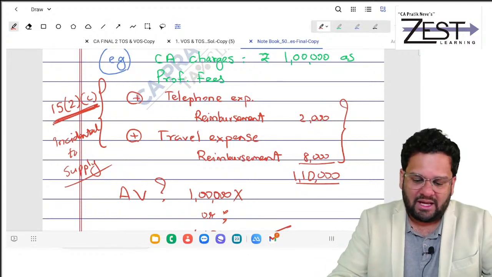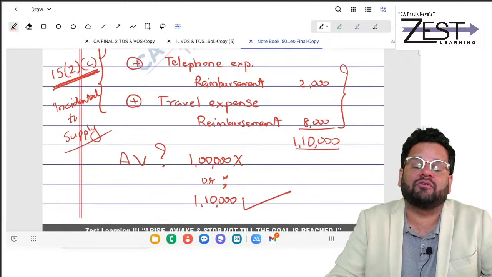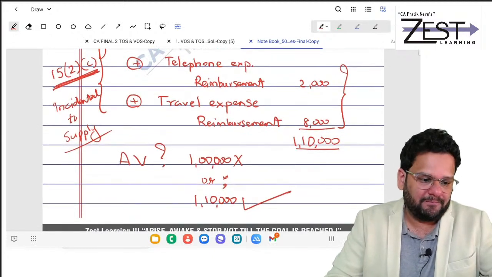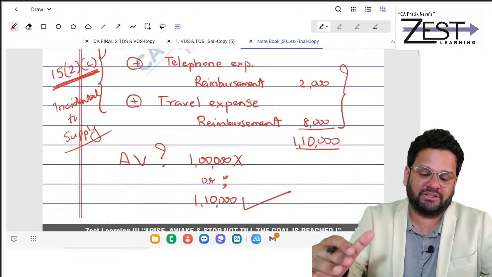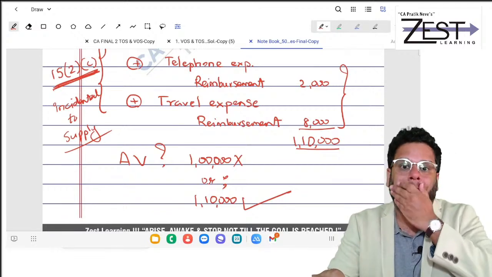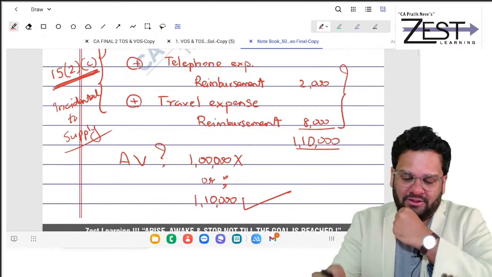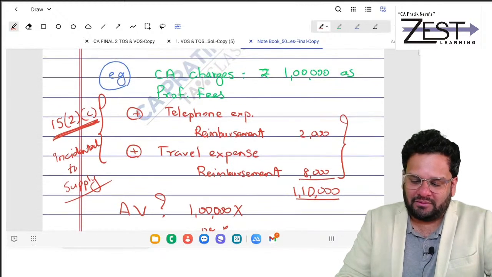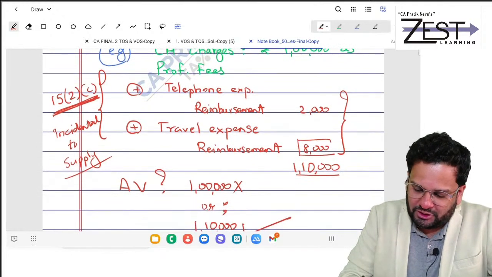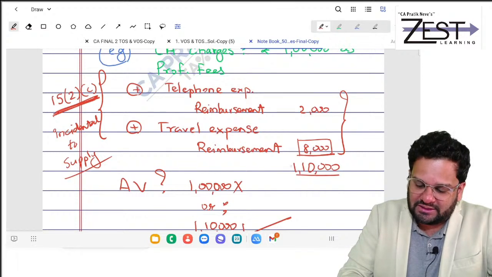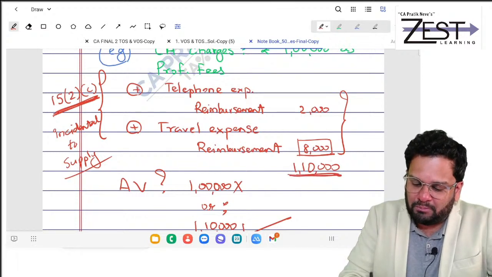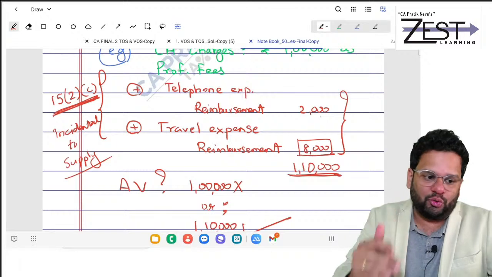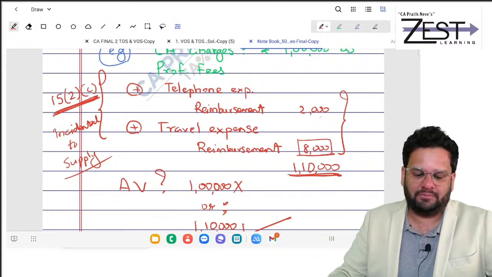Are you getting it? I am not paying this on behalf of the recipient of supply. Did you understand, Ashima ji, the difference? You may go for audit, charge audit fees of 1 lakh and travel expense reimbursement of 8000. Now actually accessible value should be the complete amount including the reimbursement amount.